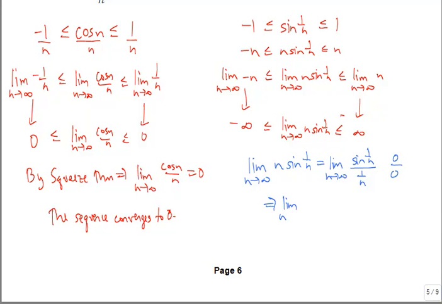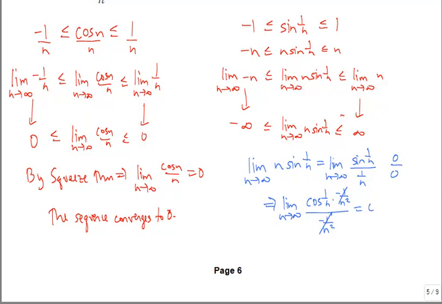The derivative of sine would be cosine of 1 over n times, using the chain rule, the derivative of 1 over n, which is negative 1 over n squared. And the derivative of the 1 over n in the bottom is also going to be negative 1 over n squared. So these two things cancel each other out.